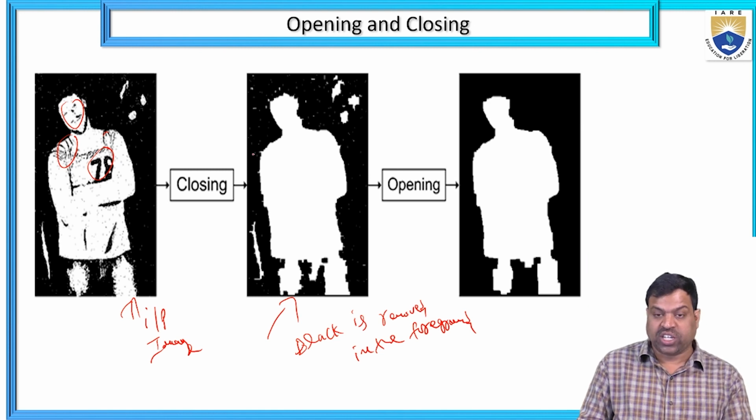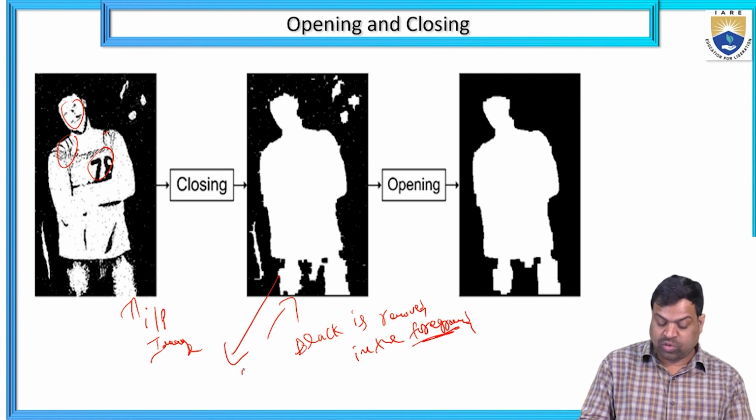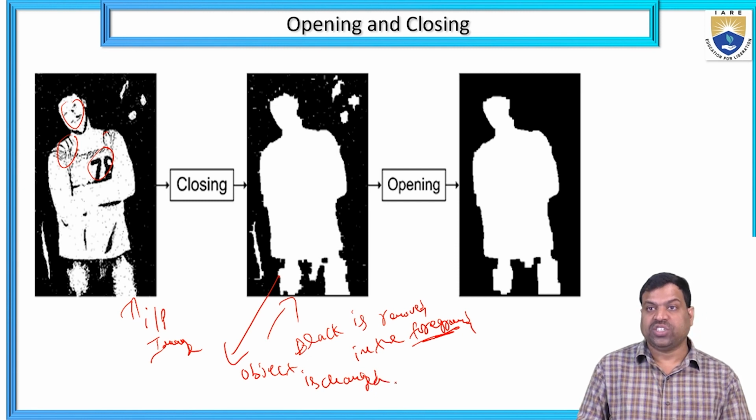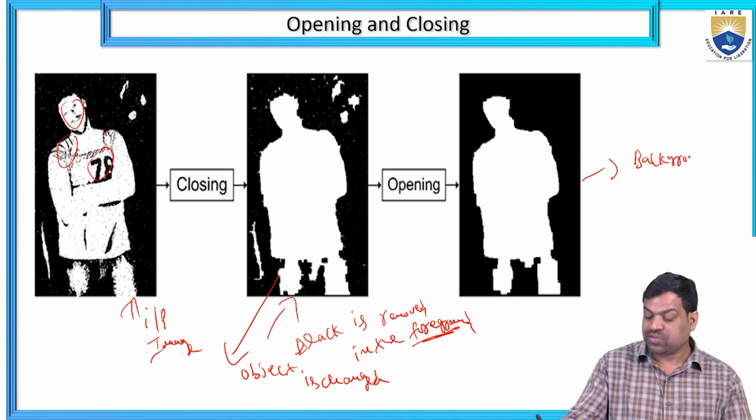I am not touching any of the background, only the foreground. So you can observe here only foreground means object. Only the object I changed. So the object is changed, here the background is changed. That means we have removed the white.